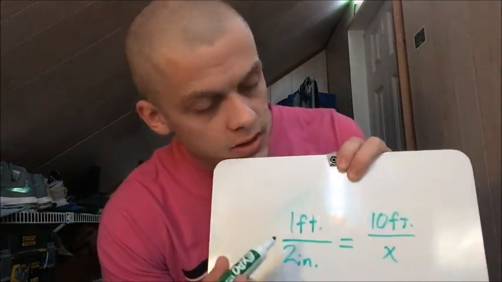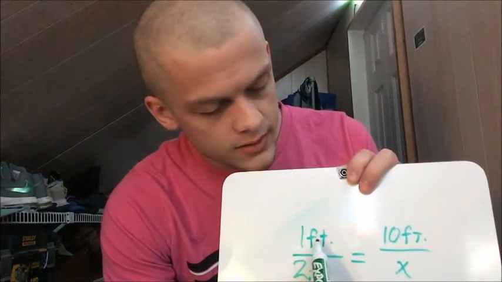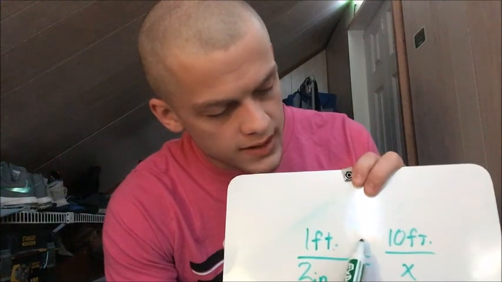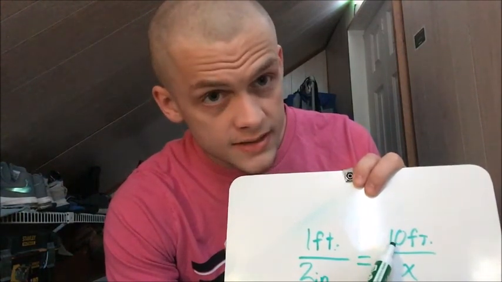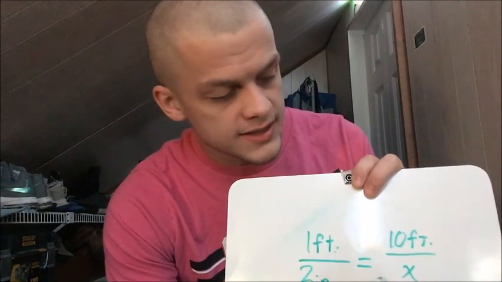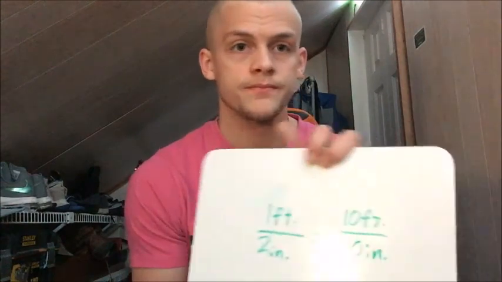So with proportions, all you're going to do is say, okay, so this times what equaled this? Well, we know that 1 times 10 equals 10, which should mean that 2 times 10 is going to give us what this number should be, which should be 20. So 1 foot is to 2 inches as 10 feet is to 20 inches.